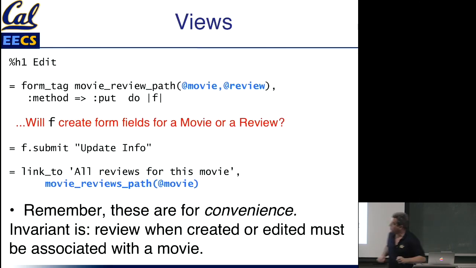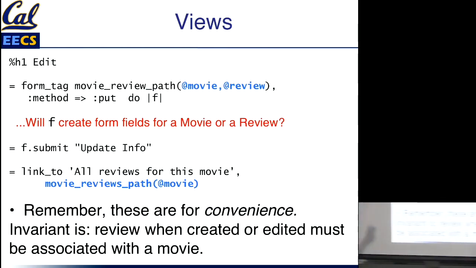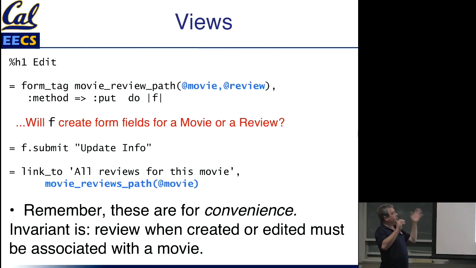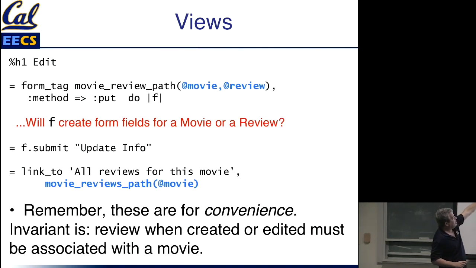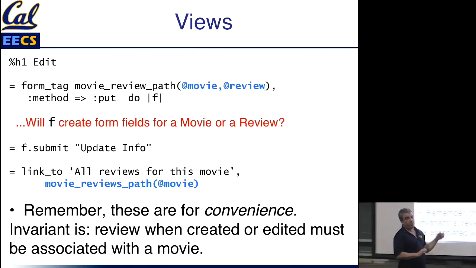Okay, and then the last thing is, what can you do in the views? So we've already seen that there are these nice form tag helpers where you can pass the RESTful route that becomes part of the form submit. So same thing here, except that now, if we're editing a review, we don't pass only the review instance to the route helper.